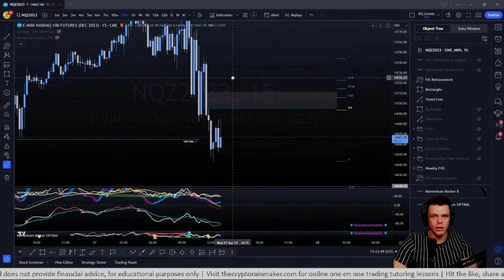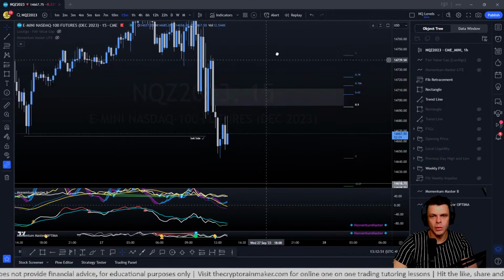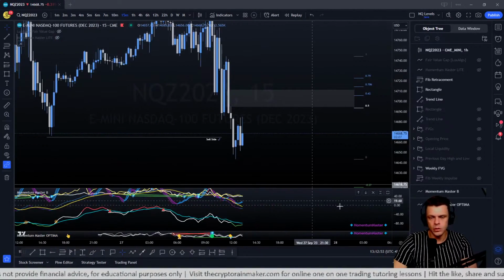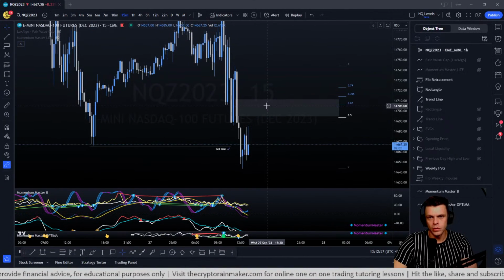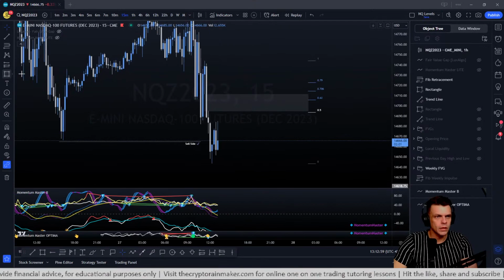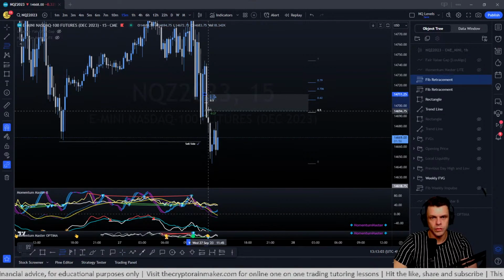So this is a PD array in the premium area. So maybe for the afternoon we see a move right here. So let's quickly see what the midpoint of the fair value gap is.